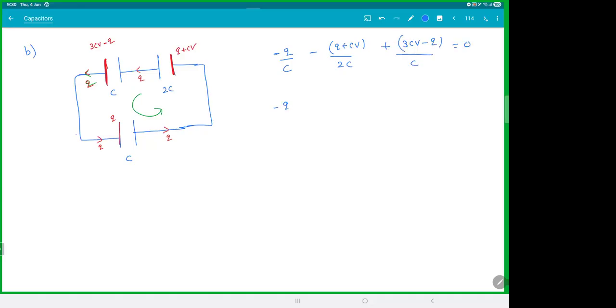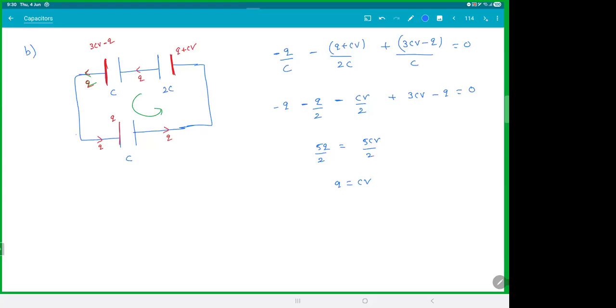C will go off, minus Q by 2, minus CV by 2, plus 3CV minus Q is equal to 0. This will be 5Q by 2 equals 5CV by 2. Q is equal to CV.